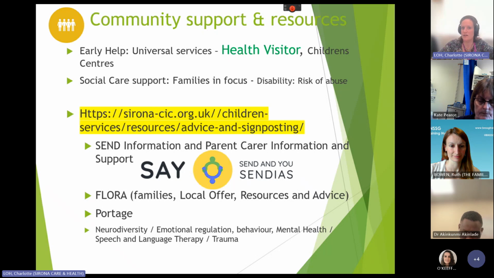And the local offer, which is now called Flora, just to keep you awake with all these changes. And then Portage as well is also linked to that. Also in there are lots of resources about neurodiversity, emotional regulation, behaviour, mental health, a specific section on speech and language therapy and trauma.